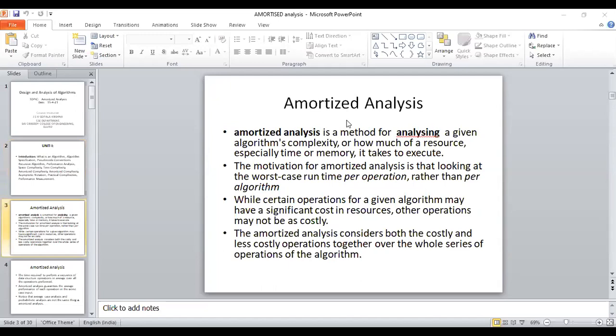Okay, what is amortized complexity or amortized analysis? Amortized analysis is a method for analyzing a given algorithm's complexity, or how much of a resource, especially time or memory, it takes to execute.